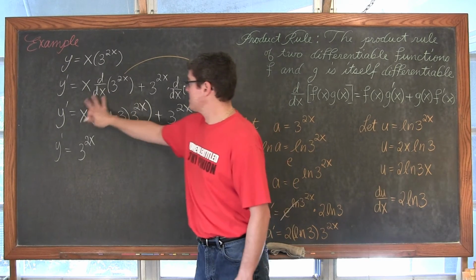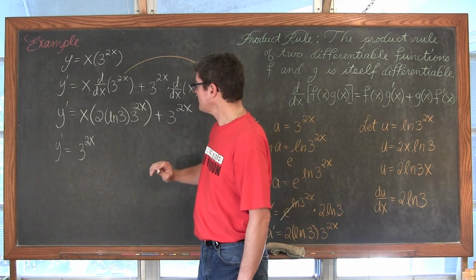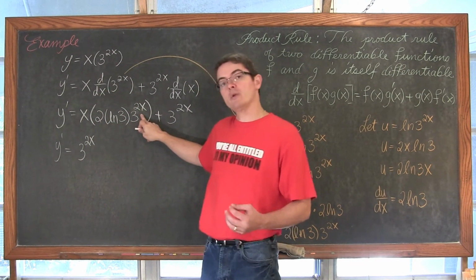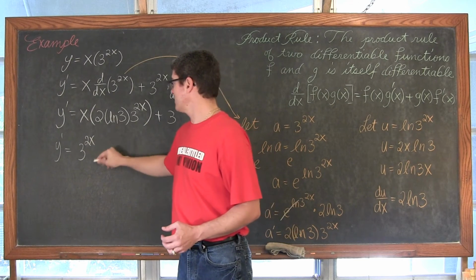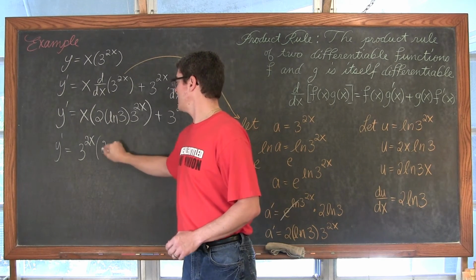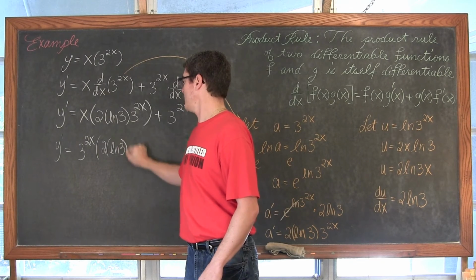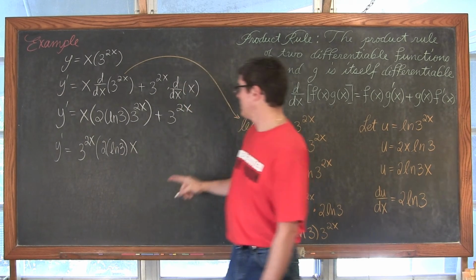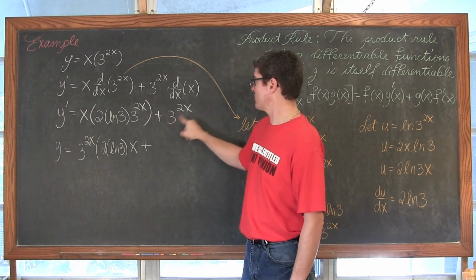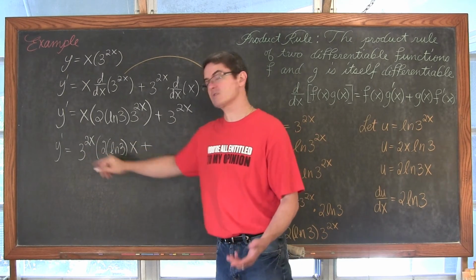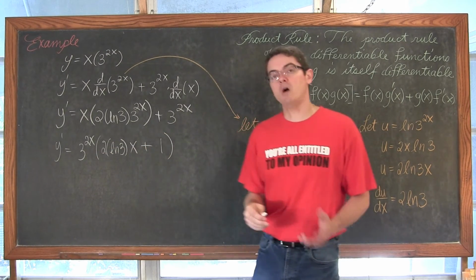So I'm taking that 3 to the 2x power out, and that's going to leave me with 2 times the natural log of 3x, and then over here, plus 3 to the 2x power divided by 3 to the 2x power is just equal to 1.